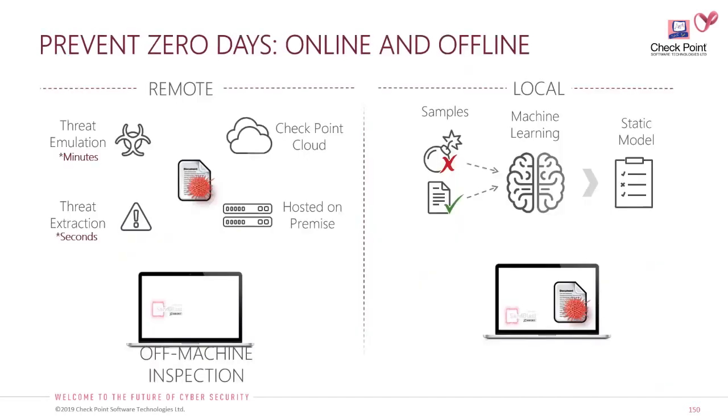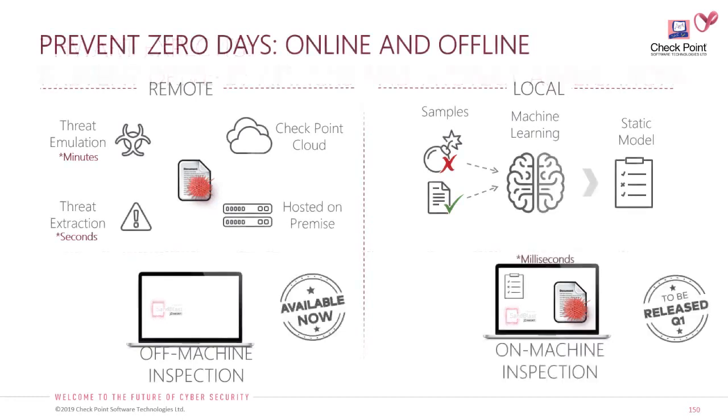So how are we preventing the zero-day attacks? As I said earlier, there are two forms of detection mechanism: online detection and offline detection. In case the endpoint is offline, it will have machine learning, static model analysis, and reputation, everything to check against known and unknown attacks. If the machine is connected to the internet or to the endpoint management server, then it also has the capability of threat emulation and threat extraction, leveraging our sandboxing solution.